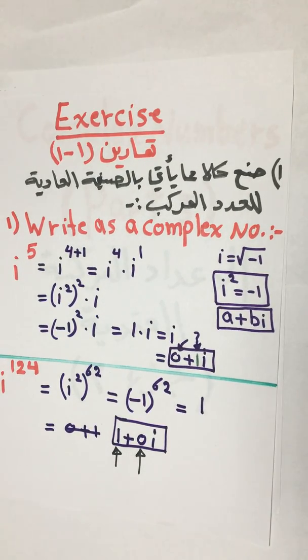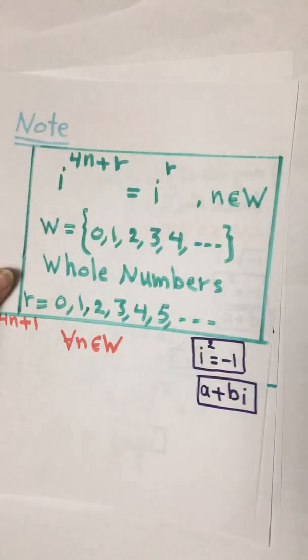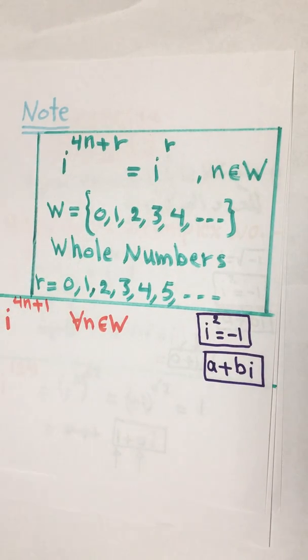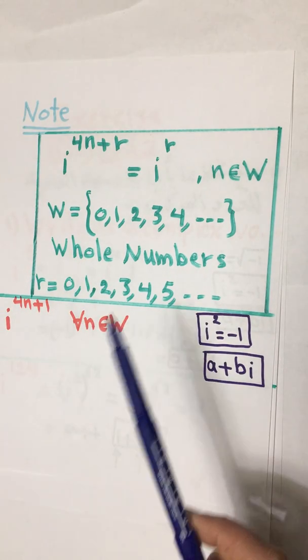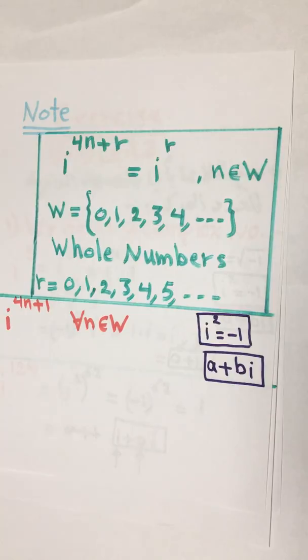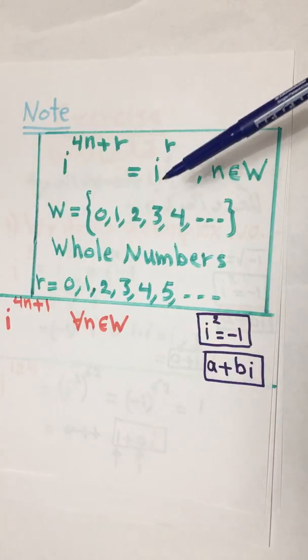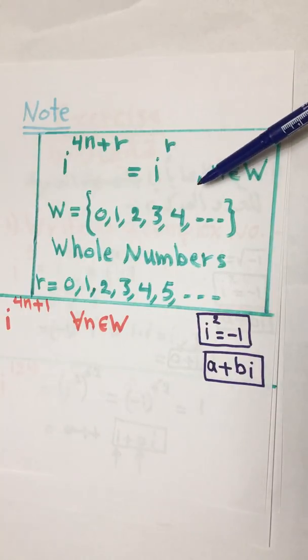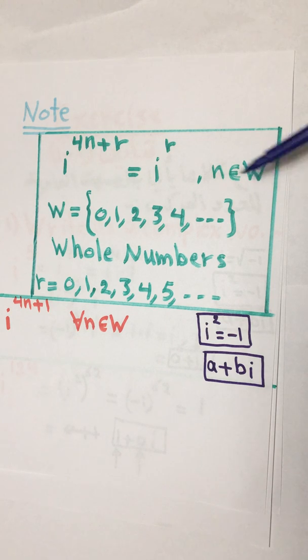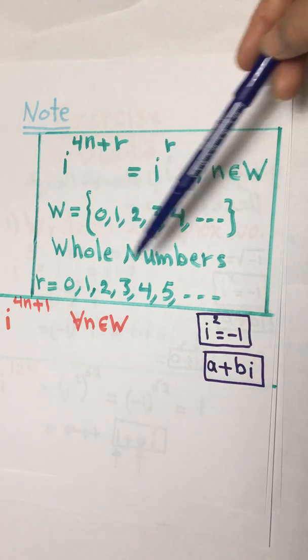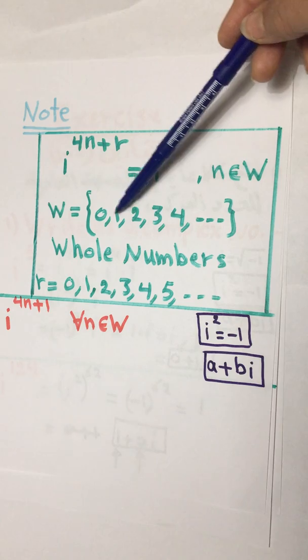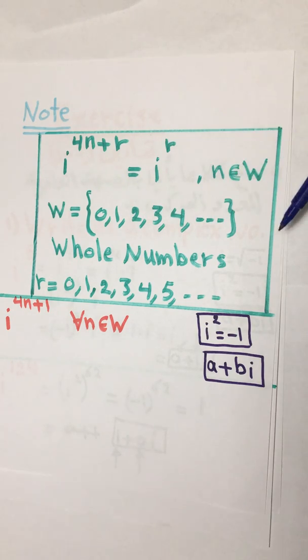Note: I to the power 4n plus r equals I to the power r, where n belongs to W. W is the set of whole numbers: 0, 1, 2, 3, 4 and so on.